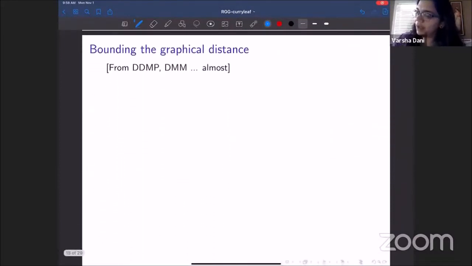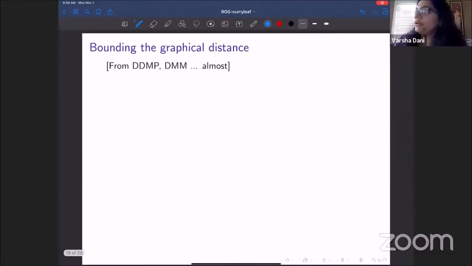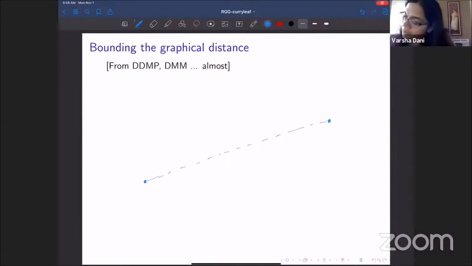But how do you get a bound? How do you go the other way? So suppose you have your points U and V, and we don't actually know where they are, but let's pretend that we did, right? And this is the line between them, right? Now, there's some random process that produced these points, right?